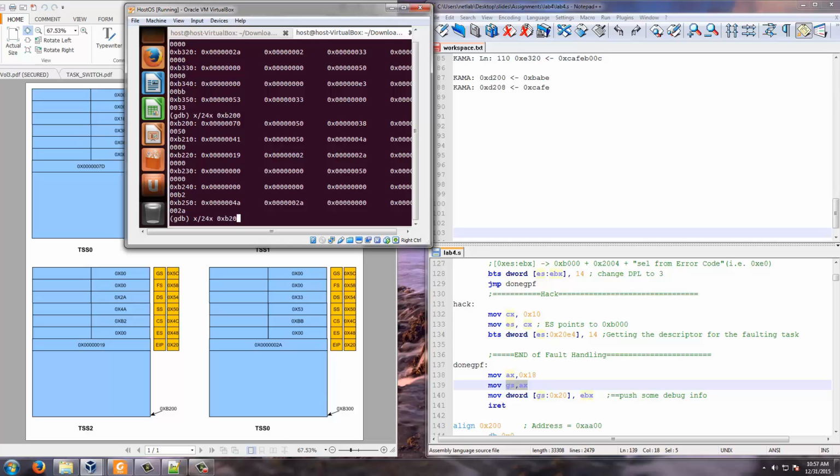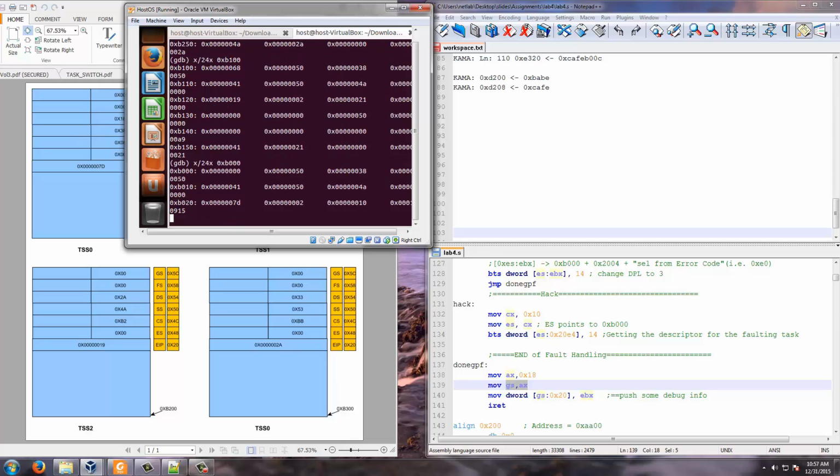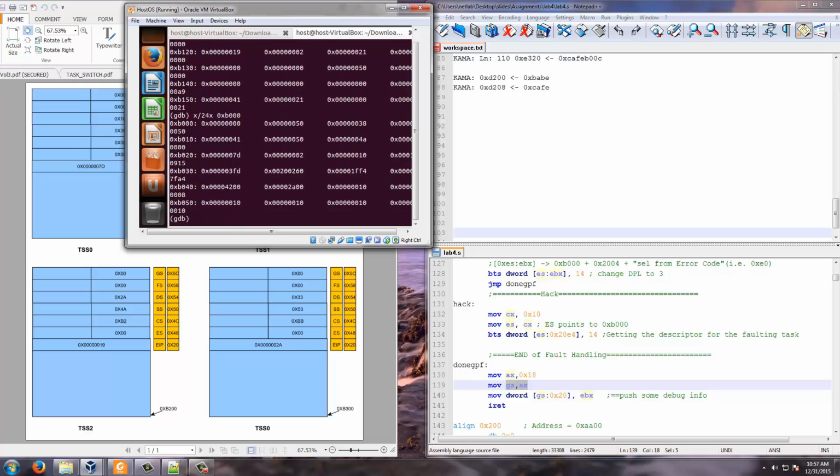Similarly for your B200, you can also see some specific values being put here, and similarly you can do it for your B1100 also. Right.